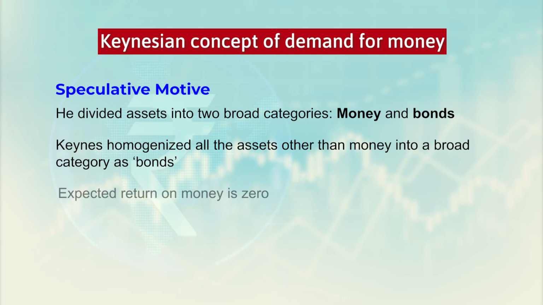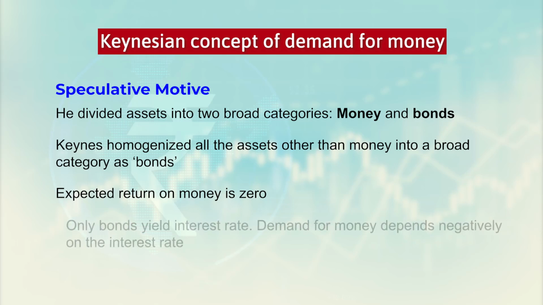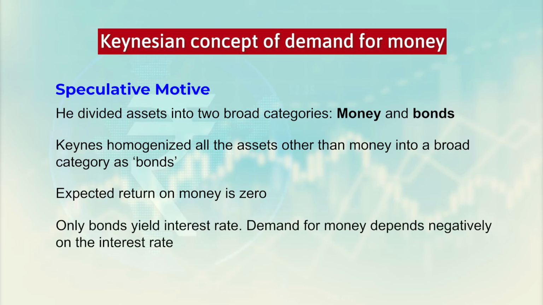Now, as I mentioned, in the speculative motive the expected return of a certain amount of money should be zero. Expected return means, on average, the income that may be generated or the satisfaction that may be generated from income. But at the same time, I know that if I go for bond buying, this bond is likely to give me some positive benefit.